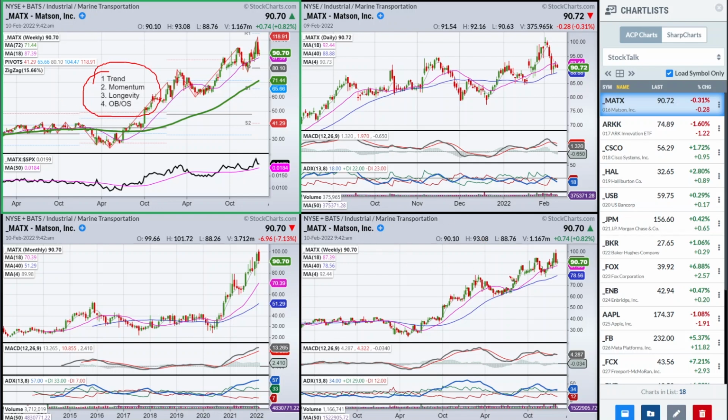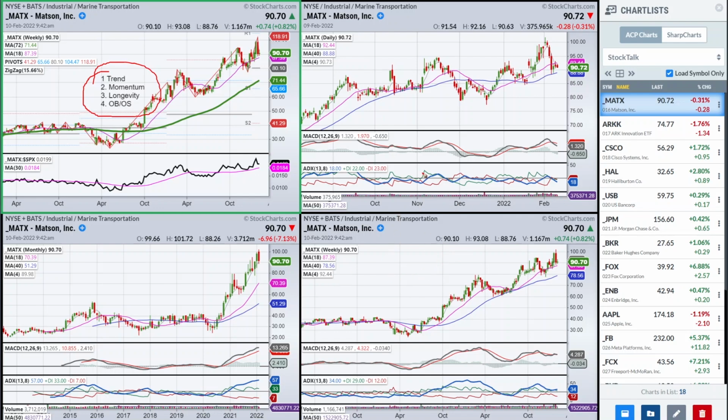And then overbought/oversold shows you how far away you are from mainly the 18 MA in each time frame. It could be to the downside or to the upside, but it can be really helpful when we do that in 3 or 4 time frames. You can really start to zero in on what is really taking place. So that's what we want to do for each stock.